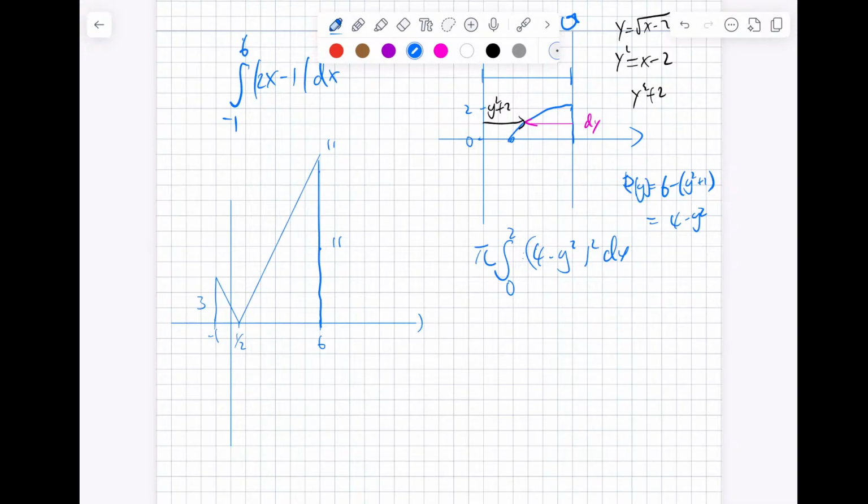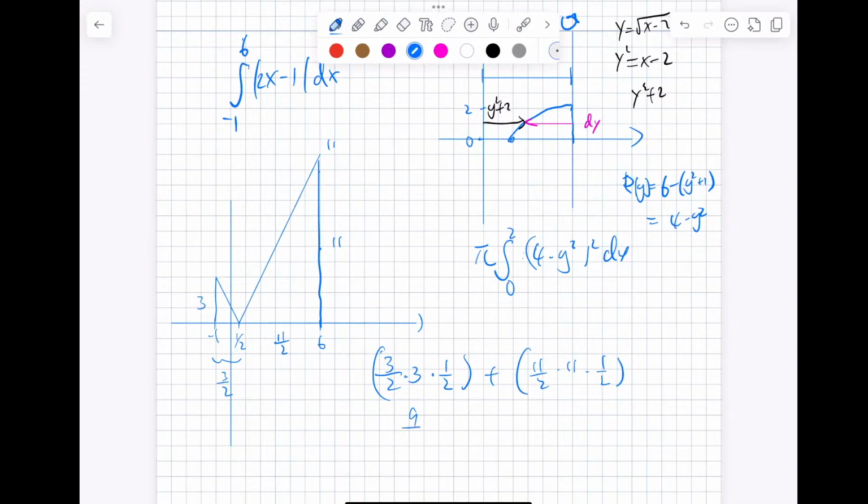And the difference between 1/2 to 6 is roughly 5.5 or 11 over 2. Is that okay? And then from here to here is what? 3 over 2. Yeah, so the area of this is going to be 3 over 2 times 3 divided by 2, which is times half, plus 11 over 2 times 11 times 1/2.